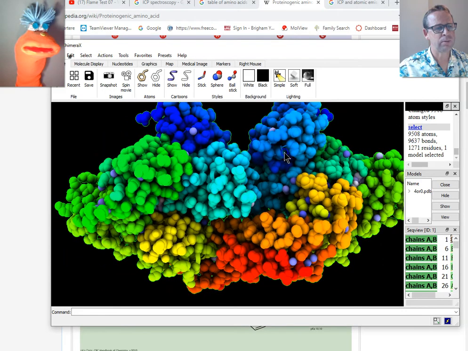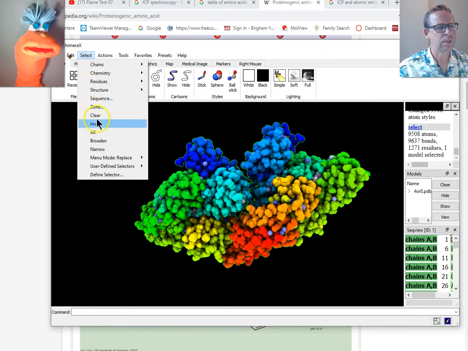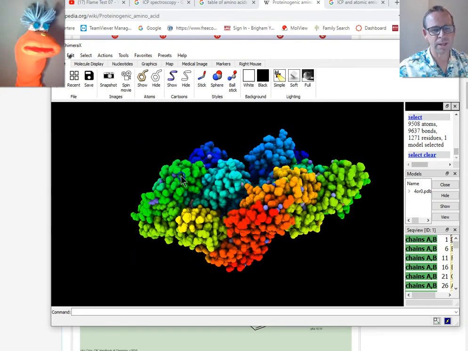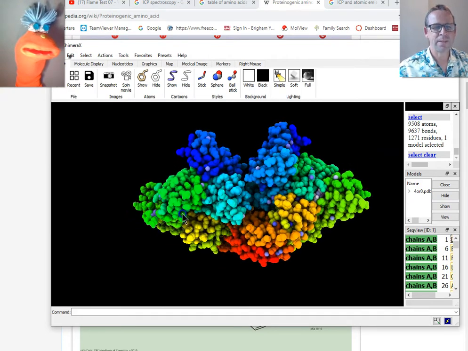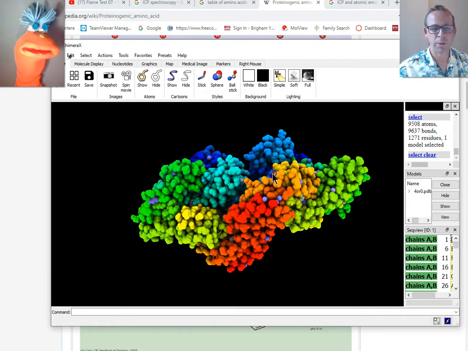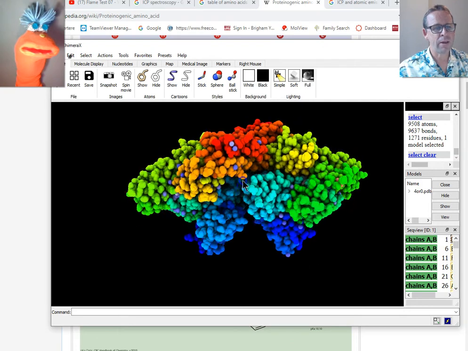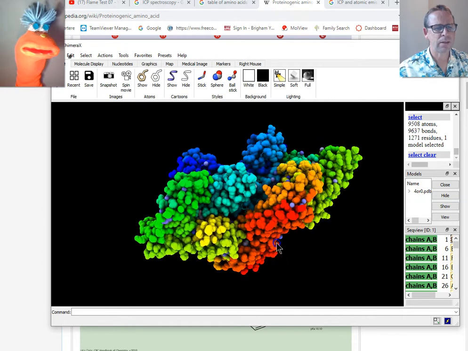Select, all clear, there we go. So, here's what our protein would kind of look like if we could see it, right? And this is the electron density that your X-rays diffract off of, and that's how we know this structure, from X-ray diffraction.